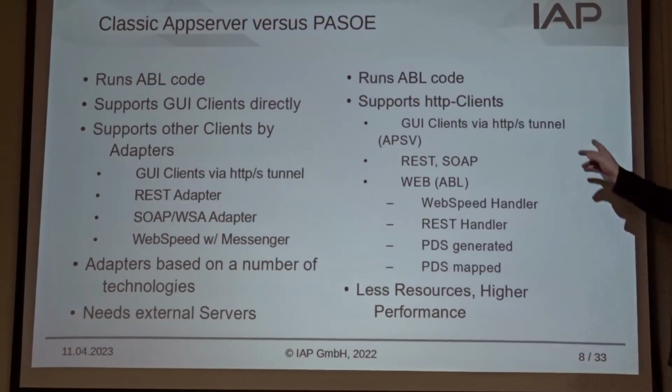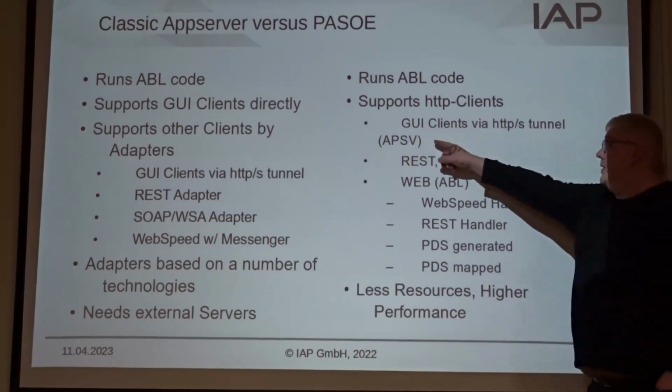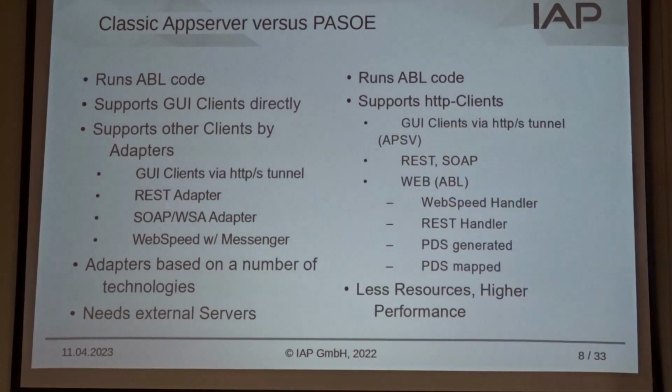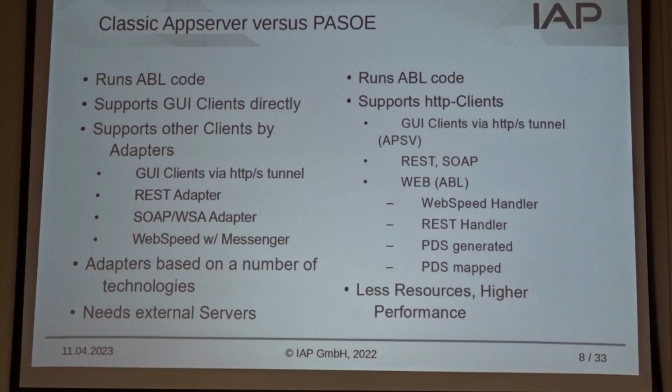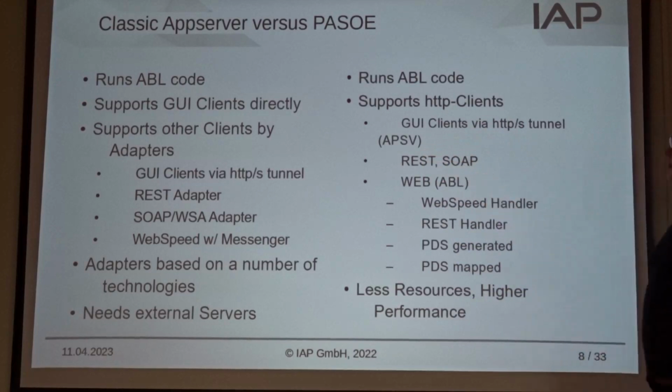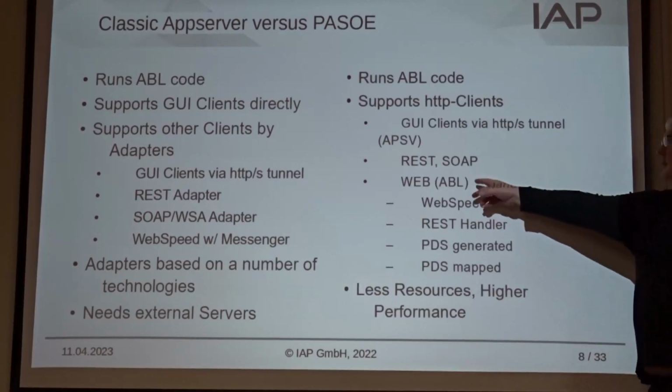What was introduced here on the right side in the Pacific app server? Then you have four adapters now. You have for the OpenEdge client, the APSV adapter. Then for the compatibility mode, you have a REST and SOAP adapter still. And then we have the web adapter.